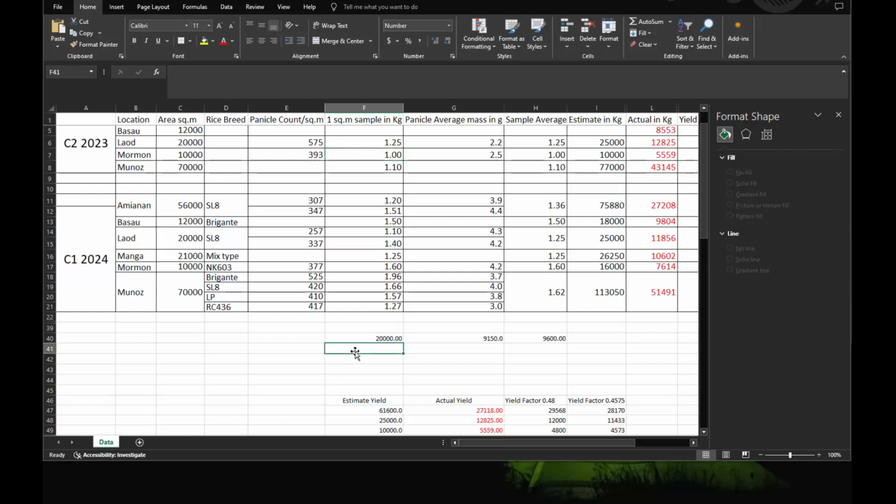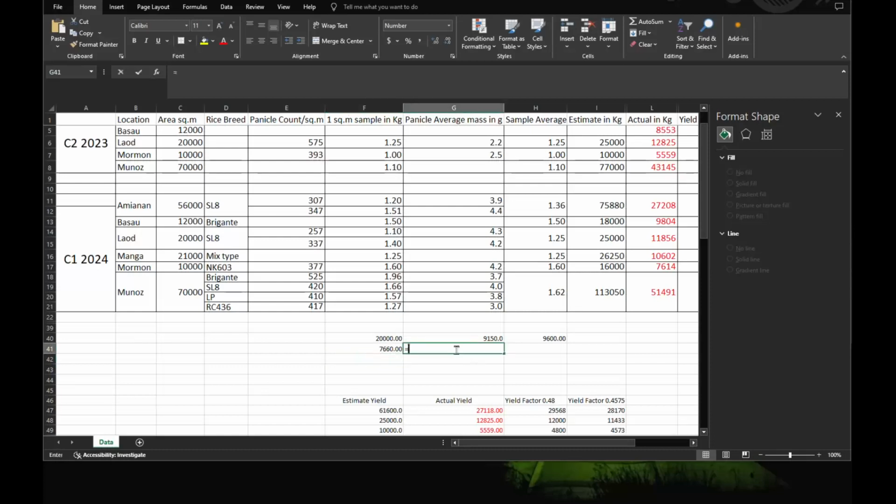So 0.766 times 10,000 square meters. Now he would be getting 7 tons.